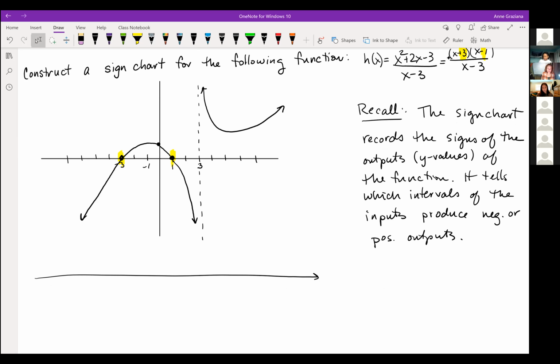So your sign chart should always mimic the x-axis, okay? So wherever you see something happening on this x-axis, even here, it has to go on your sign chart. So this 3, this -3, I'm just gonna drop it down in this one, okay? So these are my zeros, the zeros of my sign chart.